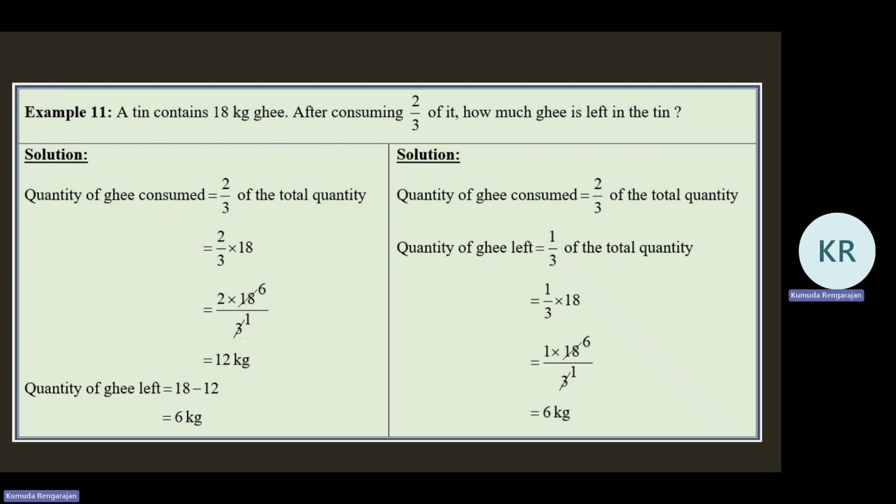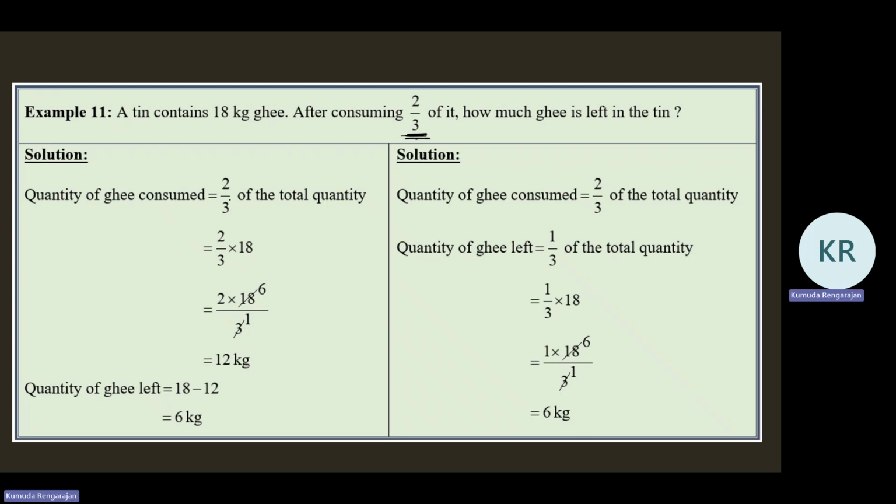Every fraction will have a corresponding value. Now, what does this fraction 2 by 3 correspond to? It corresponds to the ghee consumed, no? The fraction will correspond to a value. Ghee consumed or ghee not consumed? Ghee consumed. 2 by 3, that fraction refers to the portion of ghee consumed.